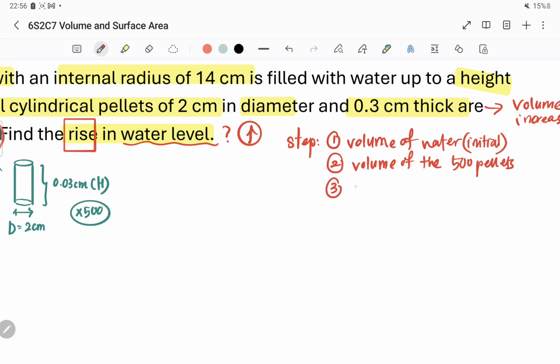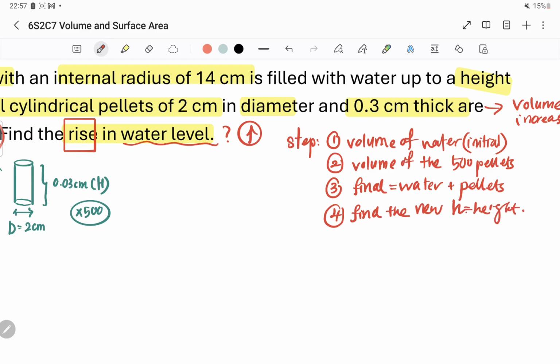Third, find the final volume, as in the final volume of the water plus the pellets. Then find the new height. So we have 4 steps.